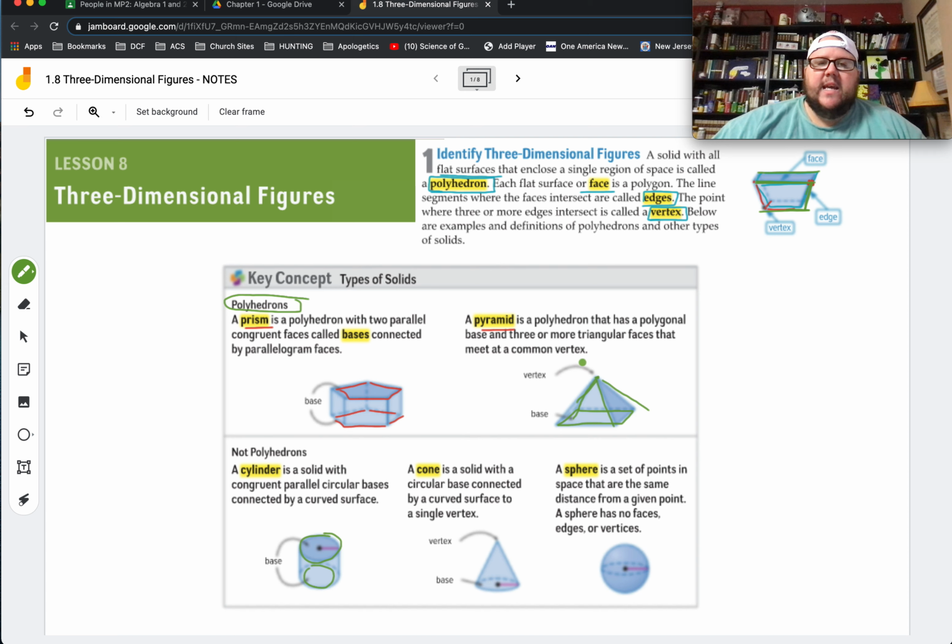A cone is like a pyramid, but its base is a circle. And a sphere is a ball. It's a set of points in space that are the same distance from a given point. A sphere has no faces, edges, or vertices. If you notice, the cone has a single vertex and whatnot.